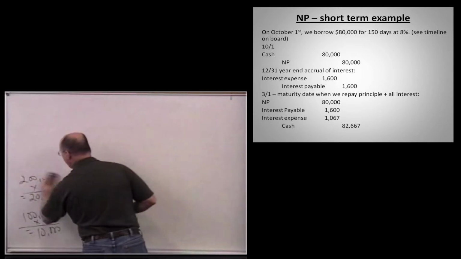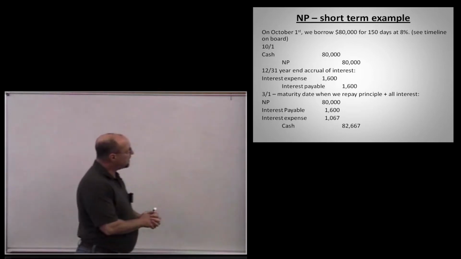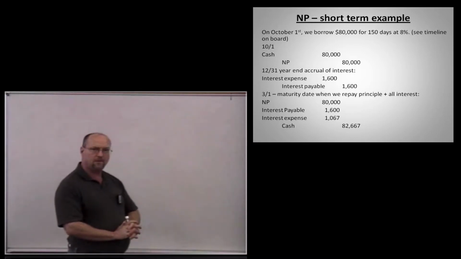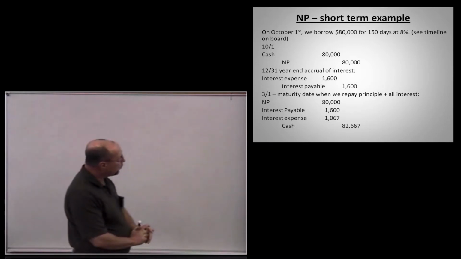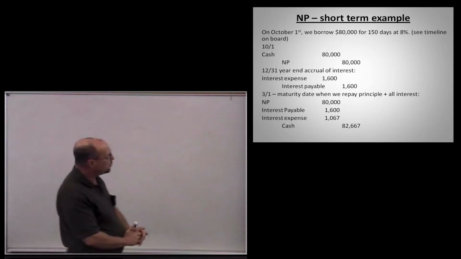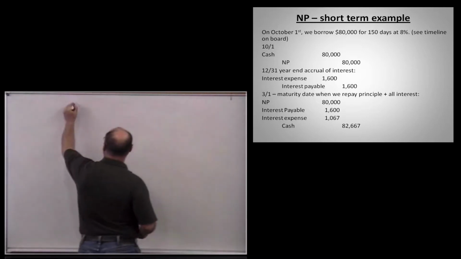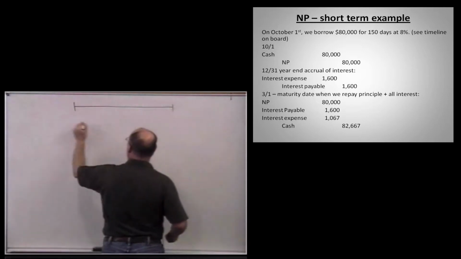And this note payable is for $80,000. And notice we borrowed it on October 1st. It's a 150-day loan, which is about 5 months, and we're going to be charged 8%. So I'm going to put another timeline on the board. Okay, here's October 1st.